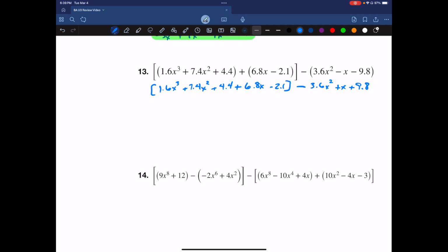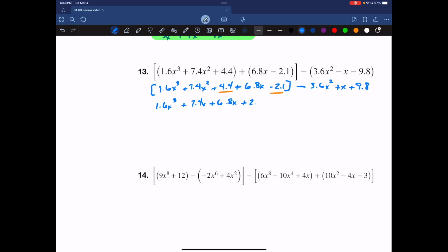Okay. Combine like terms. So I have a like term in my brackets, my constant terms. This is going to be 1.6x cubed plus 7.4x squared plus 6.8x. And then that's going to be 2.3.